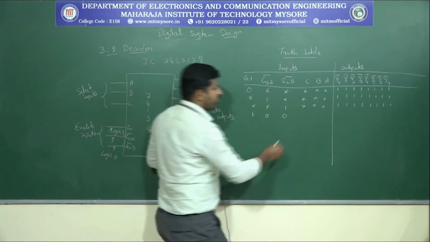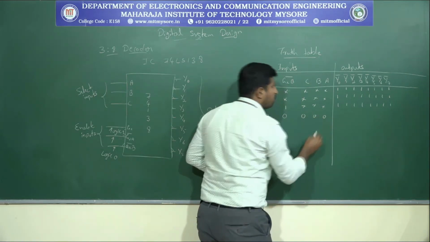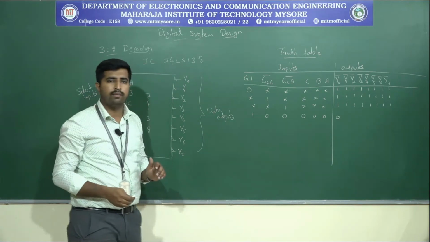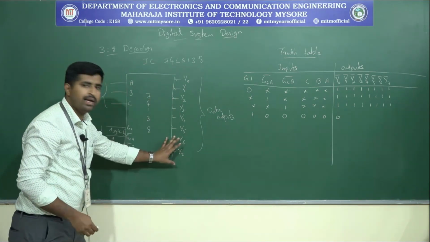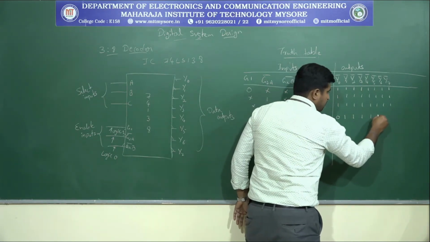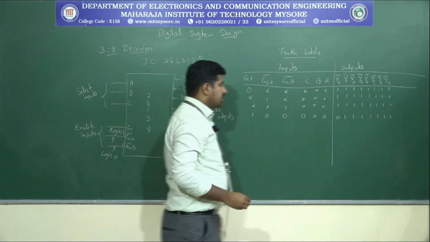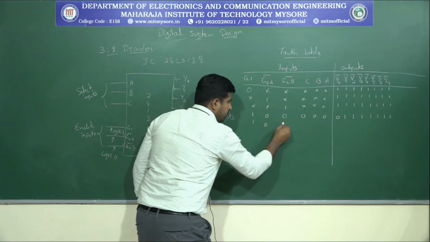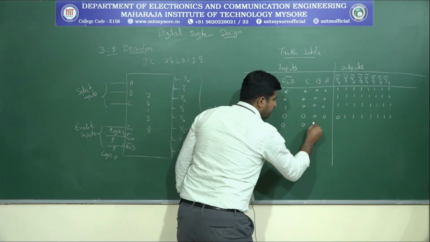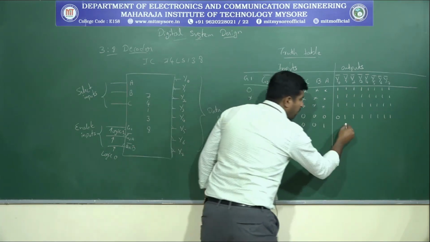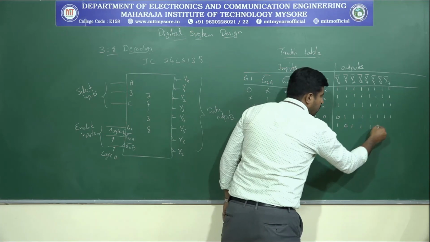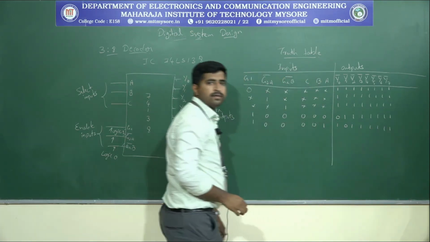Okay. So if the inputs are 0, 0, 0, Y0 will be selected. Y0 output will be enabled and all other outputs will be disabled. Similarly, the same condition should be given for the enable pins. And if the inputs are 0, 0, 1, Y1 will be enabled, and the remaining outputs will be disabled.